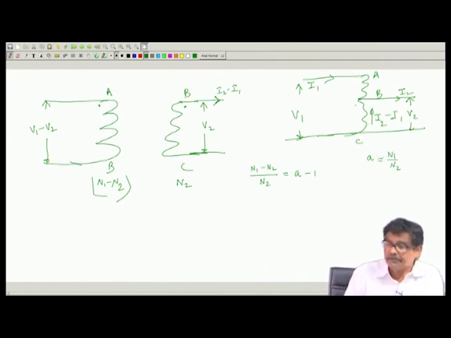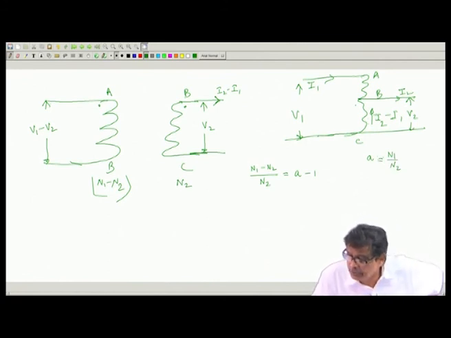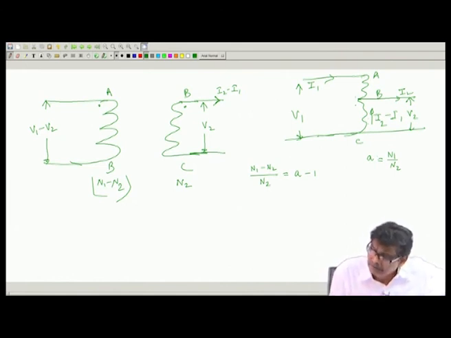Now, please be with me, what I have done. These two are separate windings, this one is carrying a current I2 minus I1, this portion is carrying a current I1. So, it is just like a 2 winding transformer having applied voltage V1 minus V2 to this coil AB and this as V2, but delivering a current of I2 minus I1, not I2, otherwise you will be making a mistake.